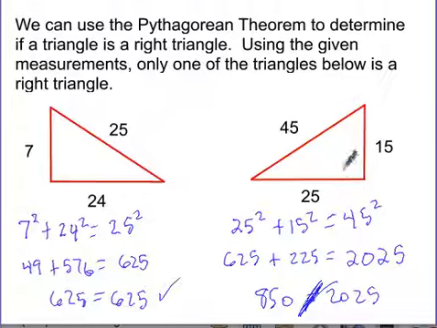Well, this is an impossible triangle because what's 15 plus 25? 40. 15 plus 25 is 40. And it's impossible to make a triangle where one side is longer than the sum of the other two sides. Yeah, you can't do it.